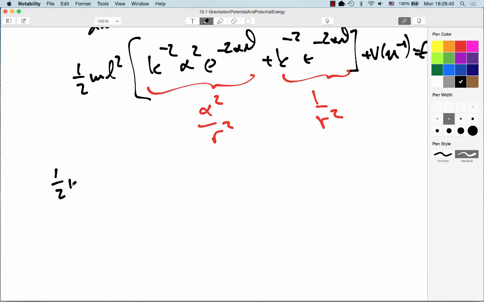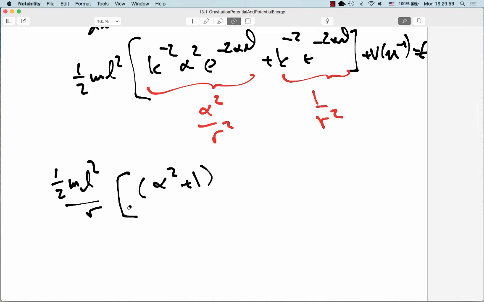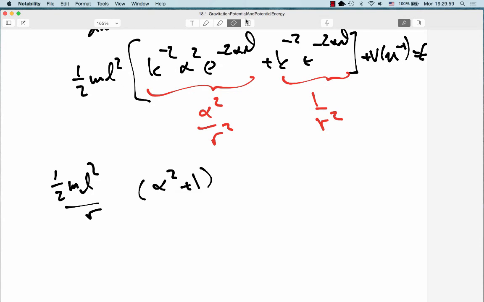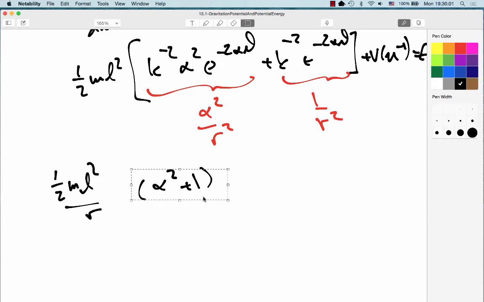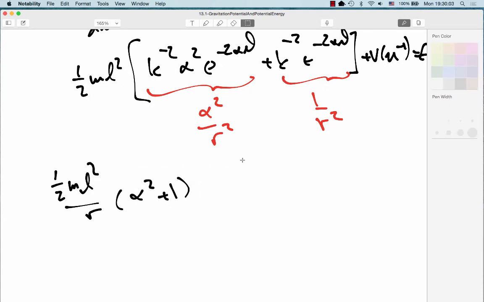So now I have a 1/2 m L squared. I can pull out a 1 over r squared, and I am left with alpha squared plus 1. I don't really need the square bracket now. Much better.